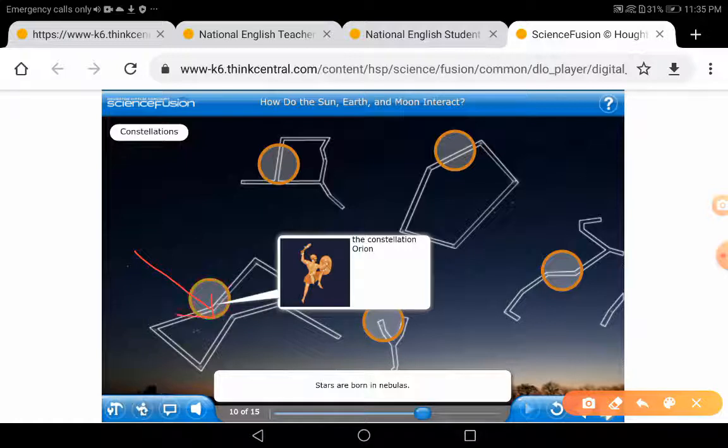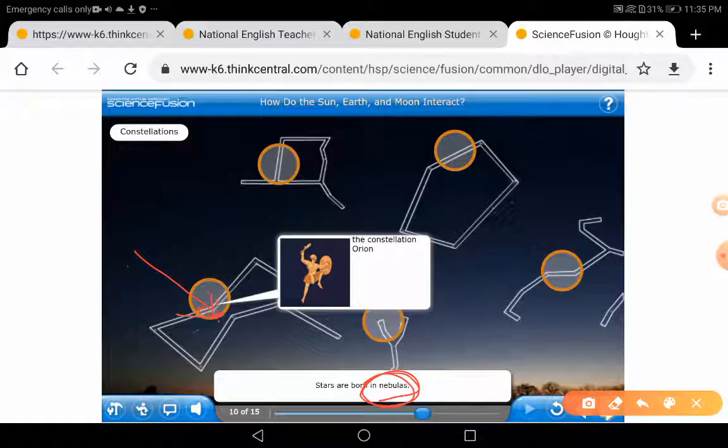Okay, I'll talk about this one. This is a very bright star. A bright star doesn't mean it's really a single star. It is a group of stars that look like one star from far away. They look like one star, and these stars are formed from something called a nebula.